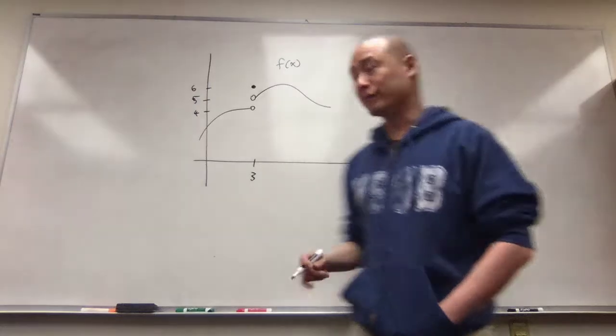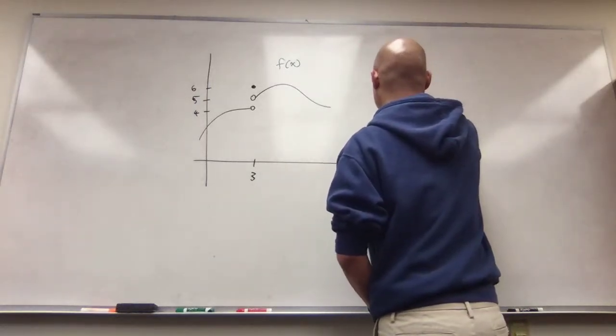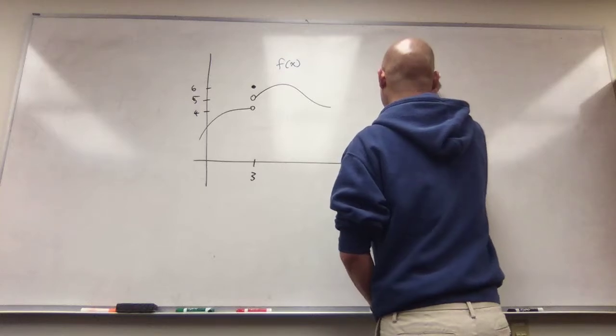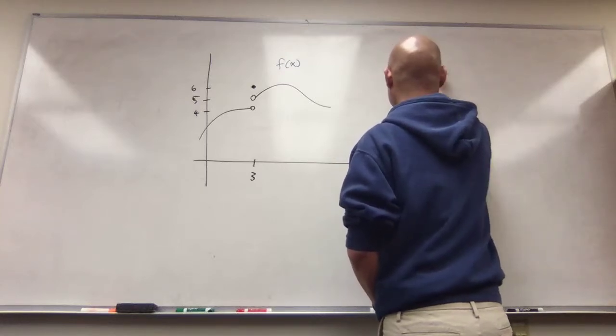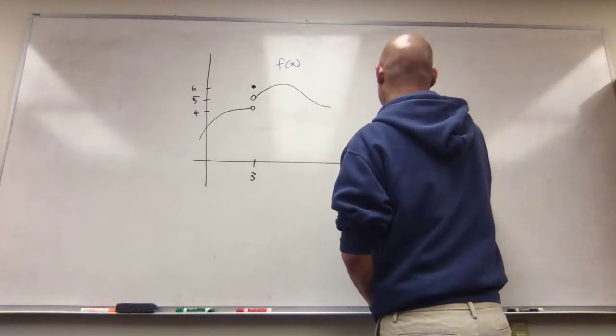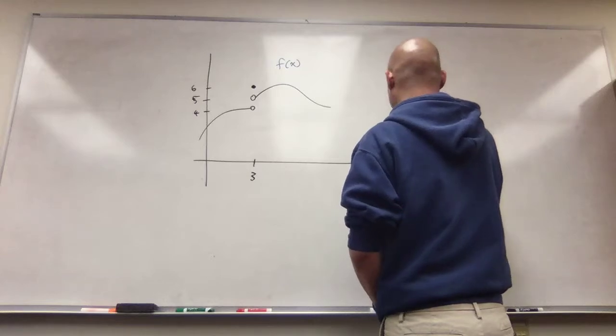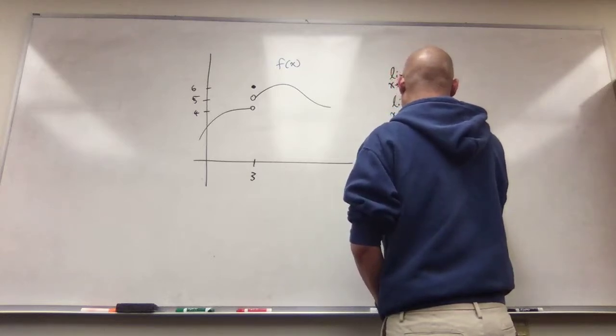So let's go over here and ask ourselves, what's the limit as x approaches 3 from the left of f of x? What's the limit as x approaches 3 from the right of f of x? What's the limit as x approaches 3 period of f of x?